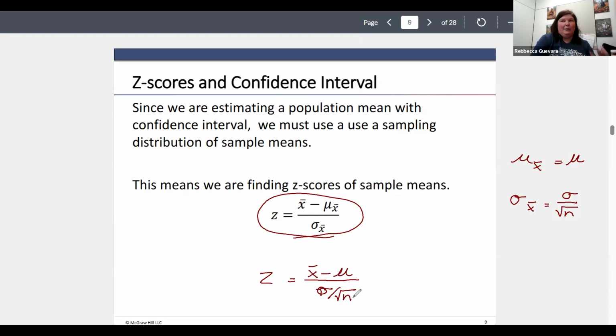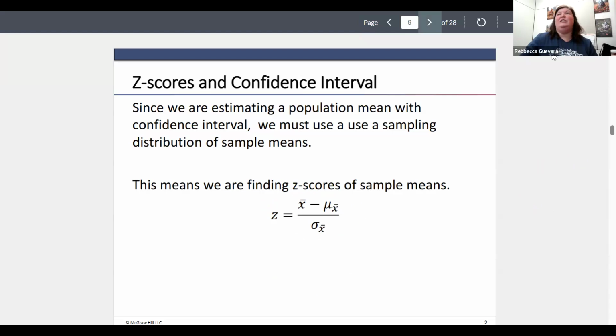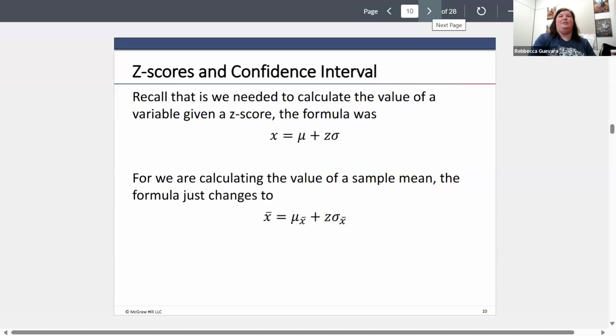So this will help us build what we're going to be doing when we build these confidence intervals. What is really our margin of error? This is highly dependent on all that information about the z-scores and probability distributions. So recall that we needed to calculate the value of a variable x, and we were given only a z-score.